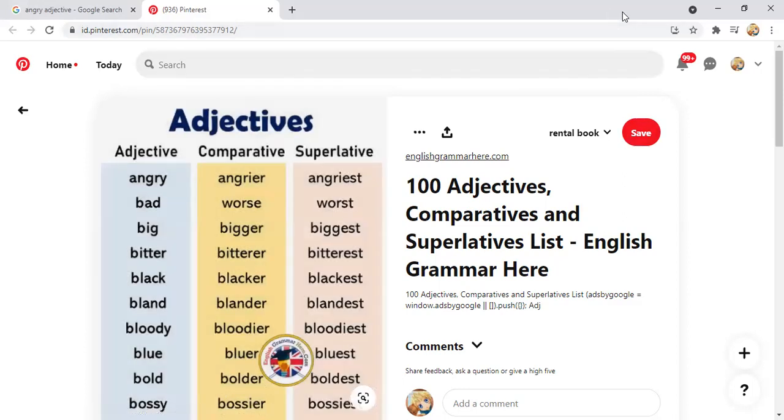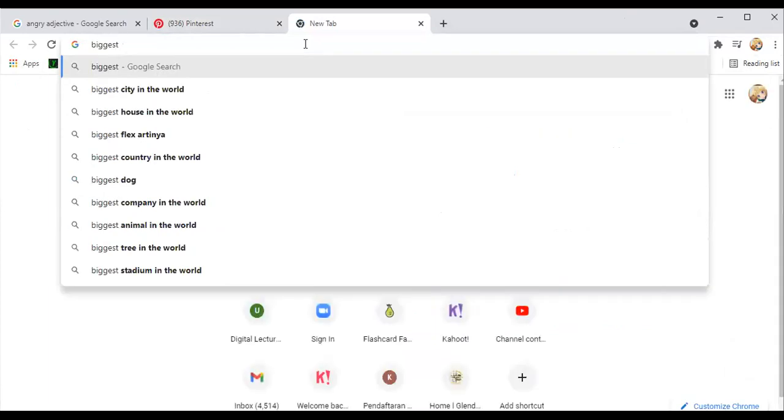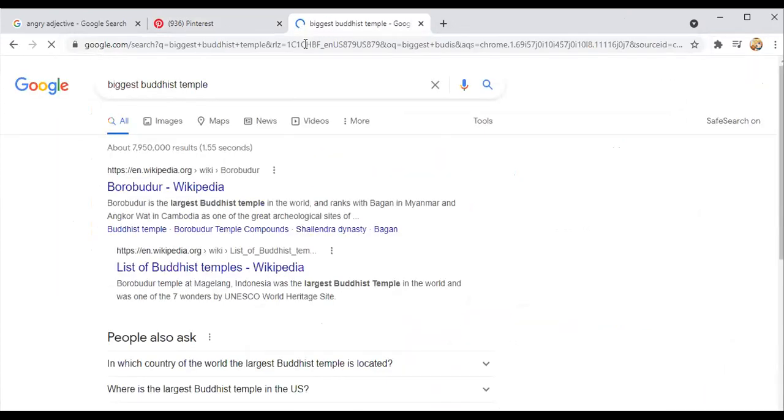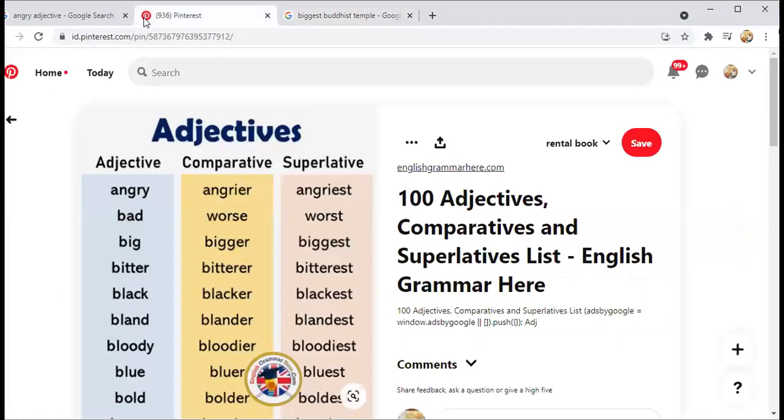Or is there another biggest Buddhist temple in this world? Let me see. Biggest Buddhist temple. I think it's Borobudur. Okay. I'm not wrong. Yeah.